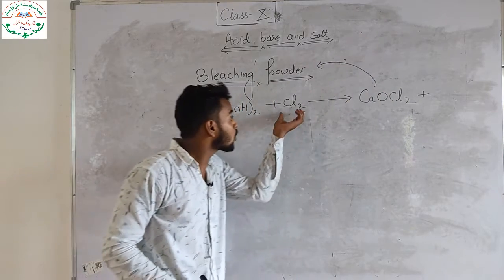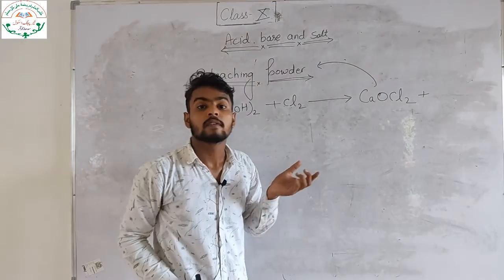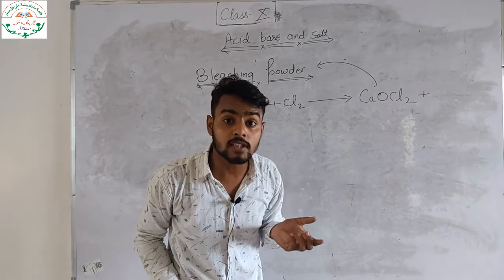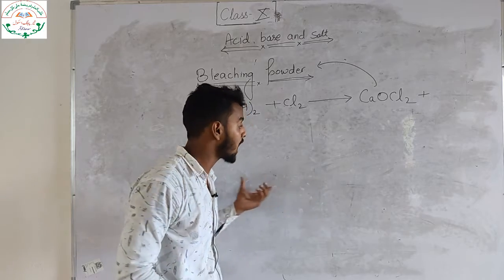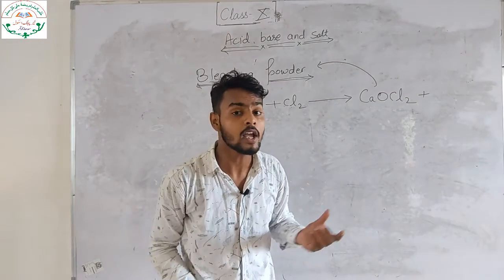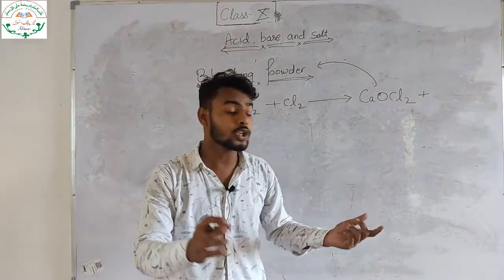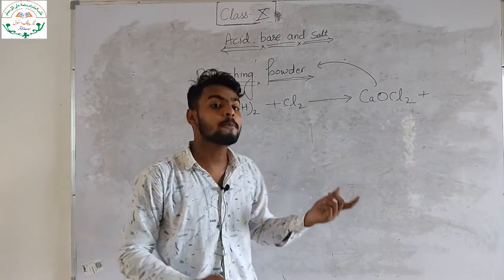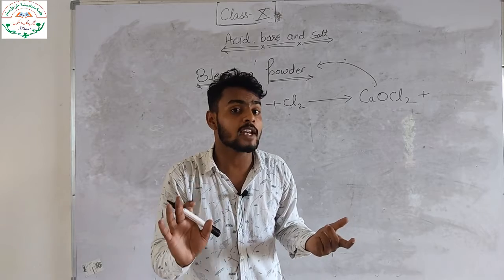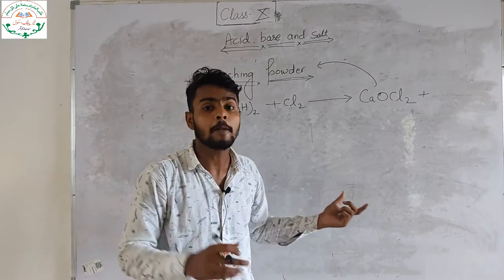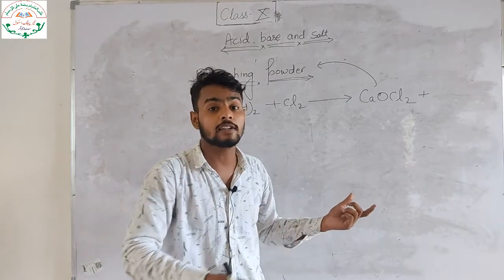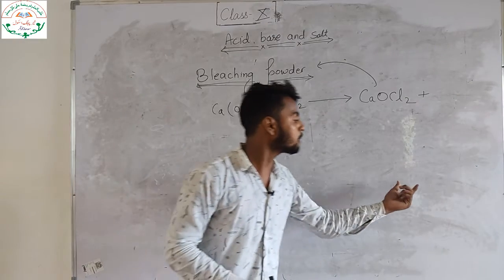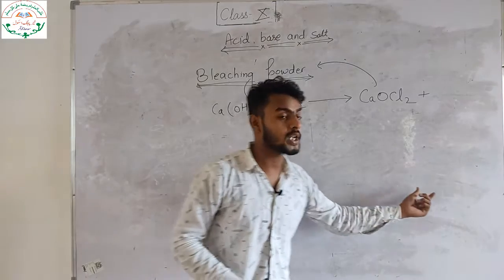How can we form chlorine gas? We can form chlorine gas by the electrolysis of the aqueous solution of sodium chloride. In the previous topic I taught you that if we flow the electric current into the aqueous solution of sodium chloride, it forms sodium hydroxide, chlorine and hydrogen.